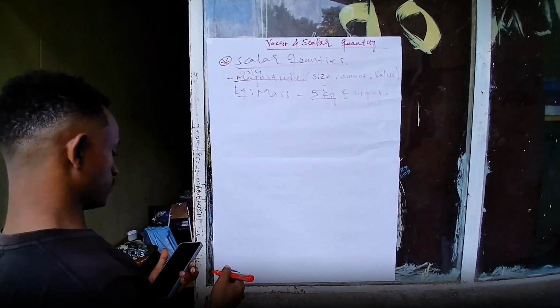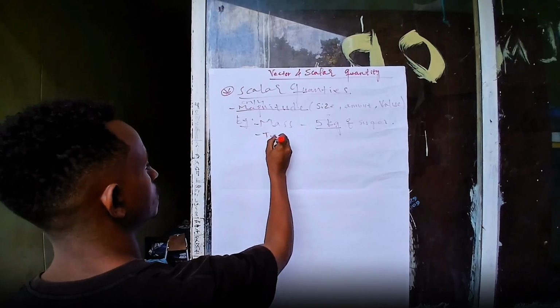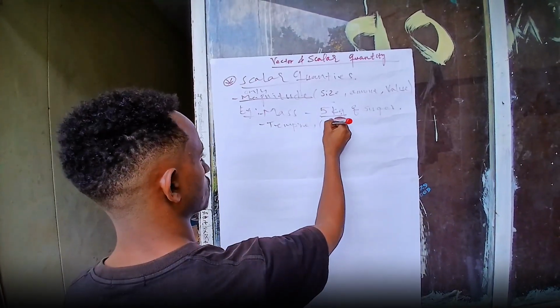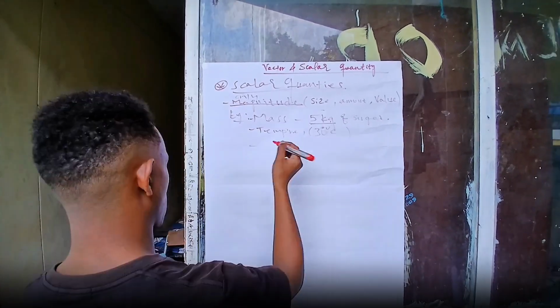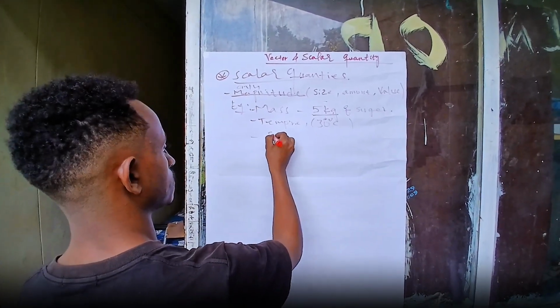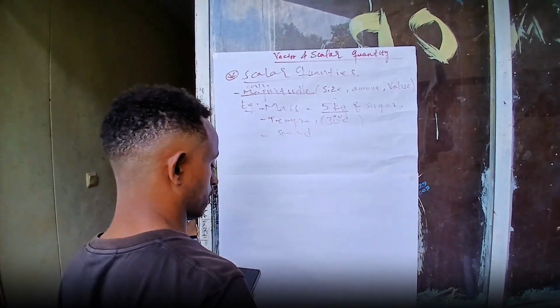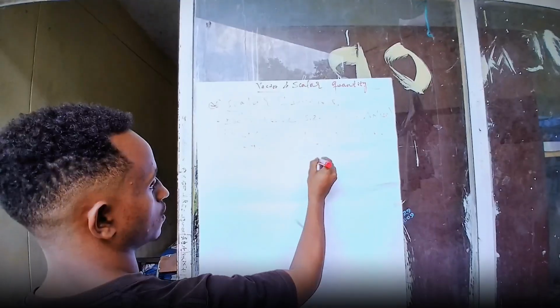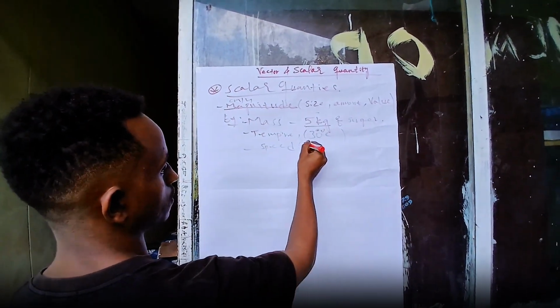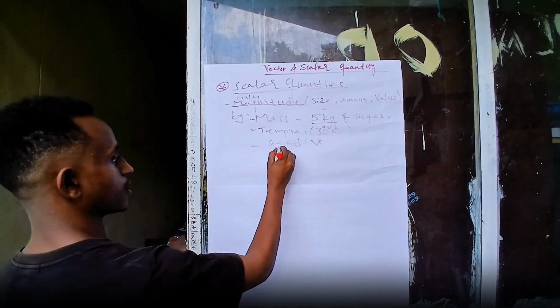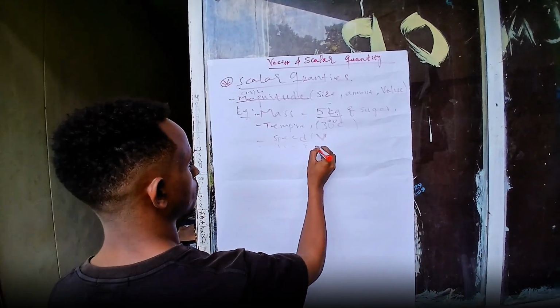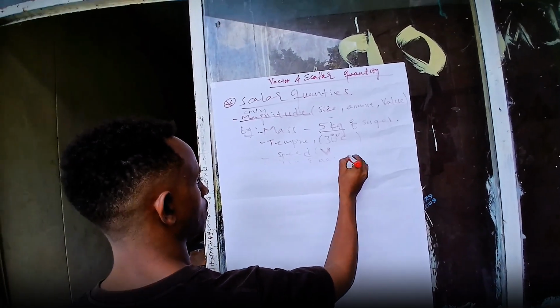Let's see some other examples. Temperature, for example 30 degrees Celsius. Speed is a scalar quantity, symbolized like this: V. Time, energy, and so on.